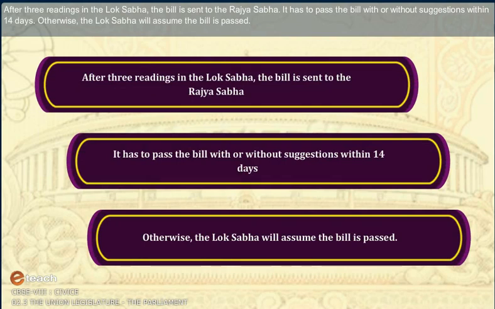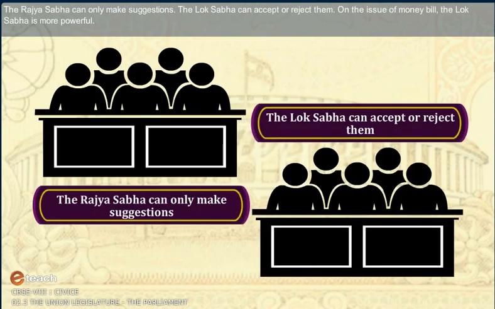Otherwise, the Lok Sabha will assume the bill is passed. The Rajya Sabha can only make suggestions. The Lok Sabha can accept or reject them. On the issue of money bill, the Lok Sabha is more powerful. The President on receiving the money bill will sign to make it a law, which becomes an act subsequently.